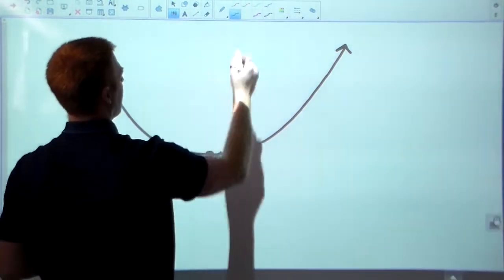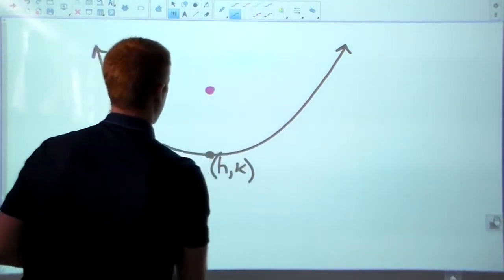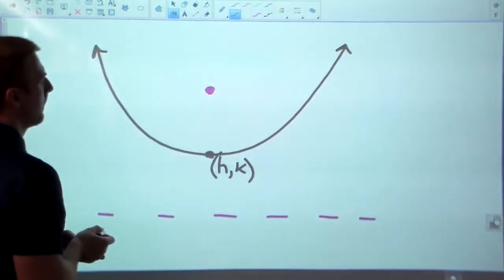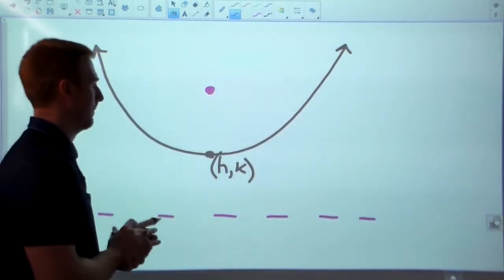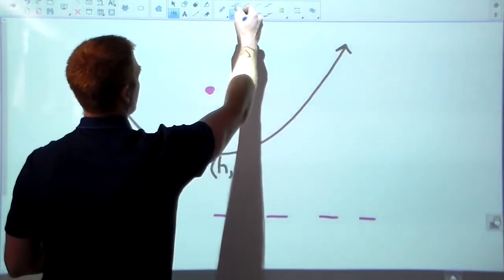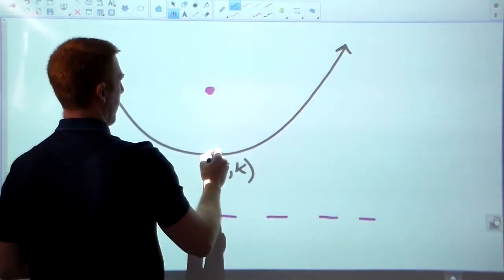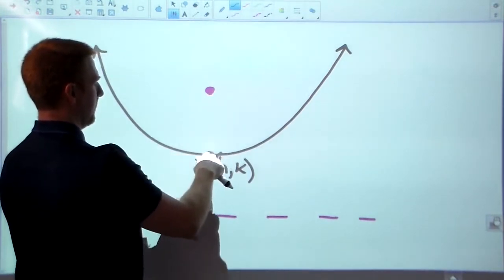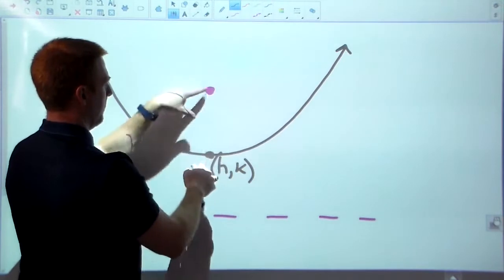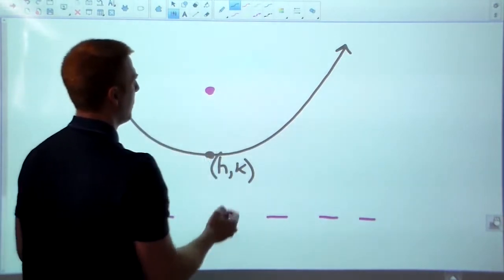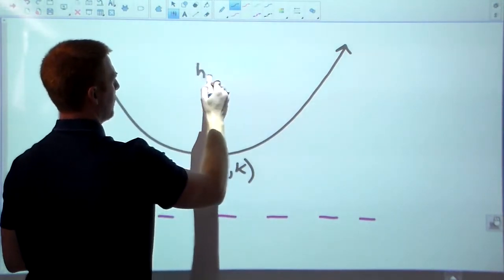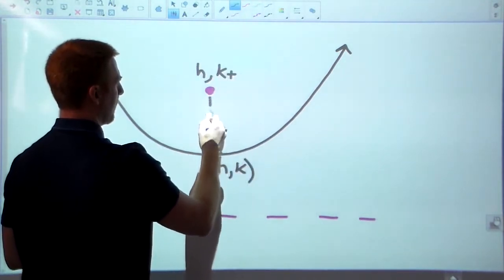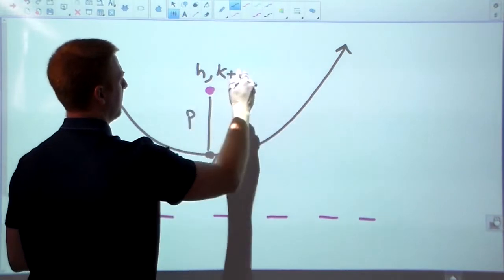The other thing I'm going to add in is the focus and the directrix. Again, I'll formally define all that soon. The focus and the directrix are the exact same distance from the vertex. They're both the same distance, one's above, one's below. So this point is also h, but then it's k plus, and I'm going to call this distance here p.